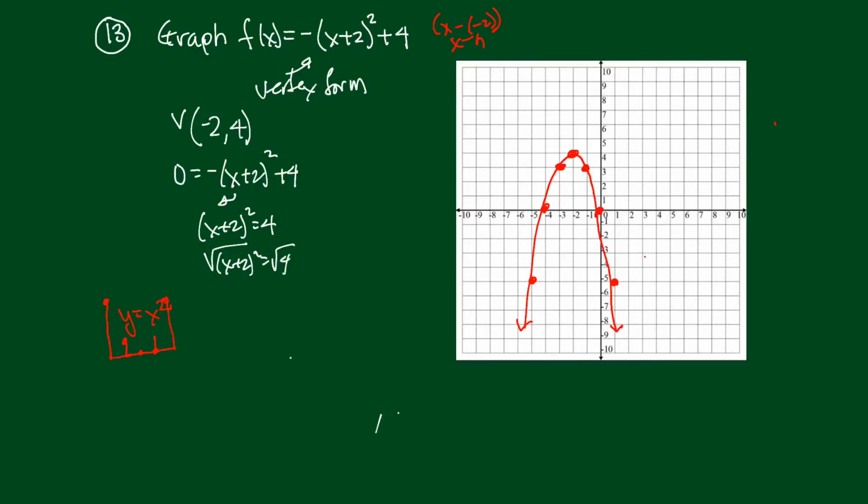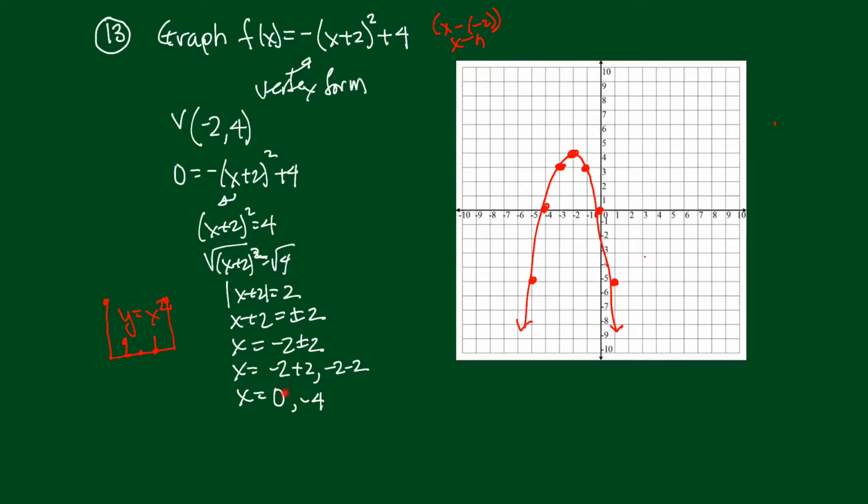When you take the square root of a square, you get the absolute value, right? So we'll get the absolute value of x plus 2 equals the square root of 4, which is 2. Removing the absolute value, we get plus or minus 2. Subtract 2, and what you've really got here is negative 2 plus 2, negative 2 minus 2. So the x-intercepts are at 0 and at negative 4.